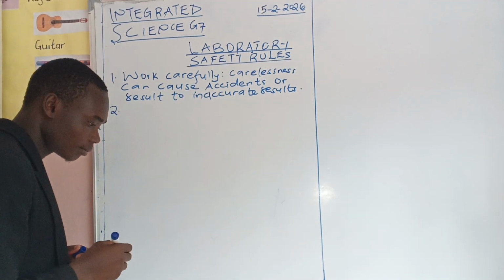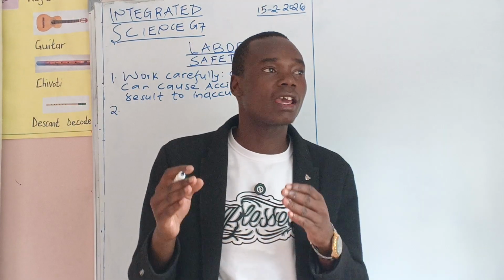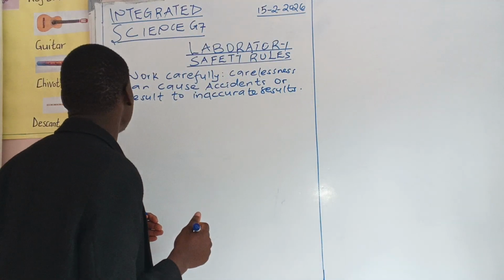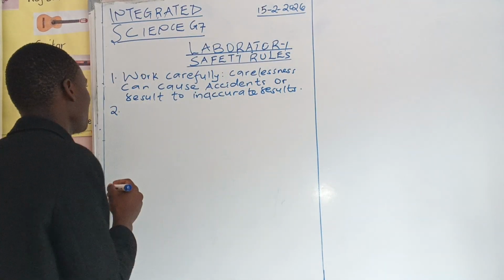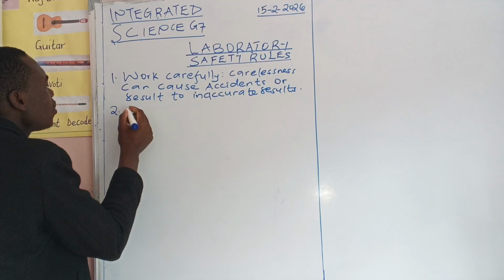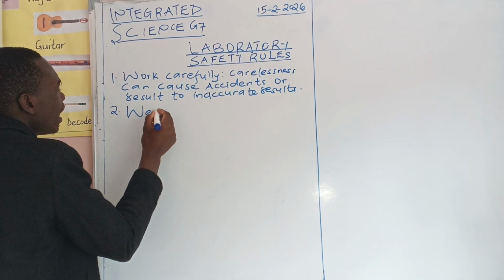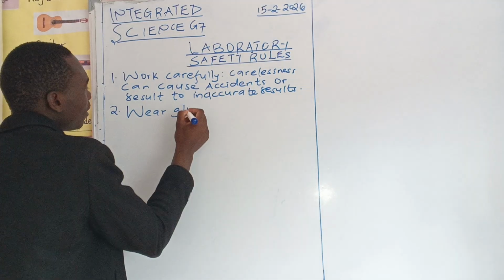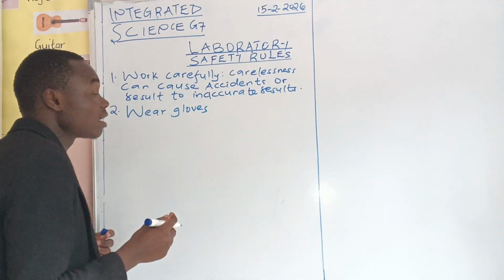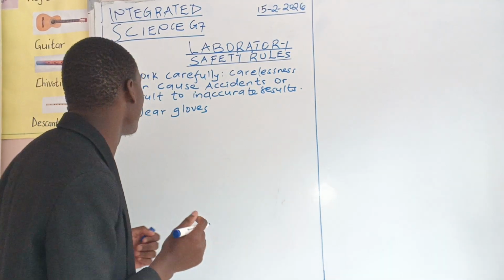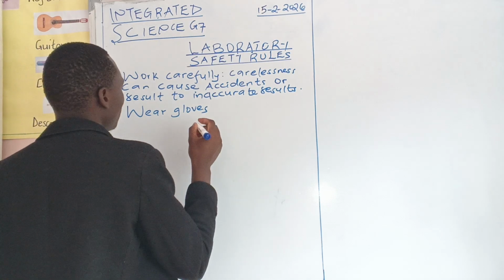Number two, remember we are going to handle chemicals. We are going to handle those very hazardous, very dangerous chemicals. So what do we need to do? Number two, wear gloves. That is for the hands. We have to put on some gloves.